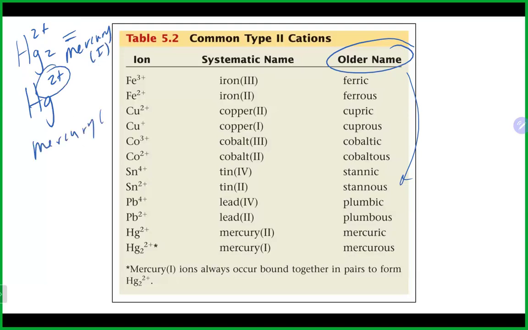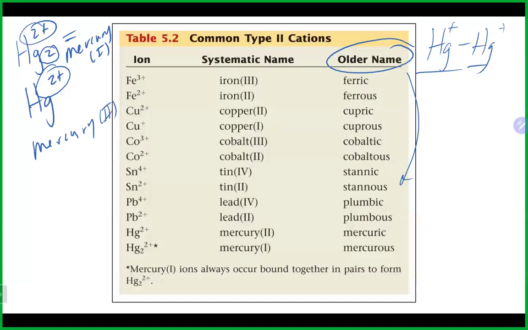And that is because mercury 1 comes as a dimer, which means there are two mercury 1s stuck together, which is why they each have a +1 charge, which is where the +2 charge comes from. And there are two of them, which is where the bottom 2 comes from. So the one with more 2s is actually mercury 1, and the one with fewer 2s is actually mercury 2.